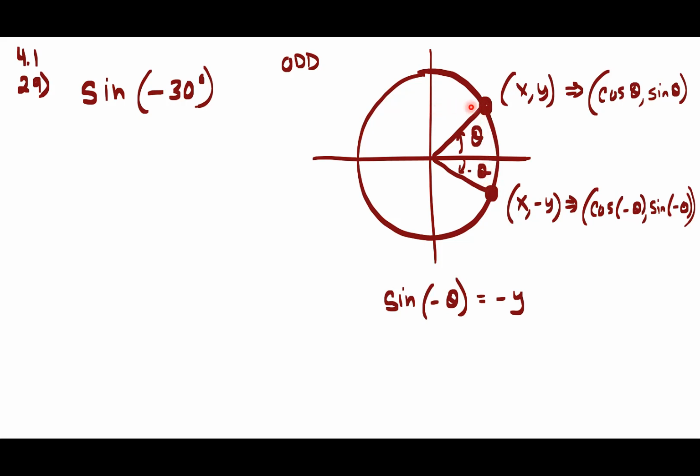So if this was this height here, and this was this height here, let me draw it out. Maybe this will be even more helpful. If this is the value of negative y, this would be the value of positive y.